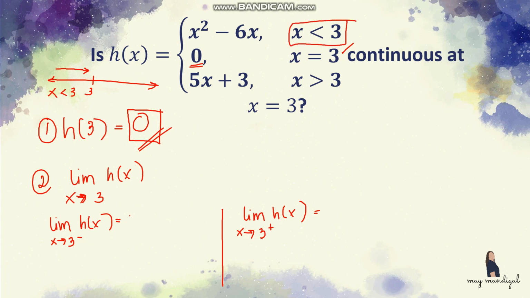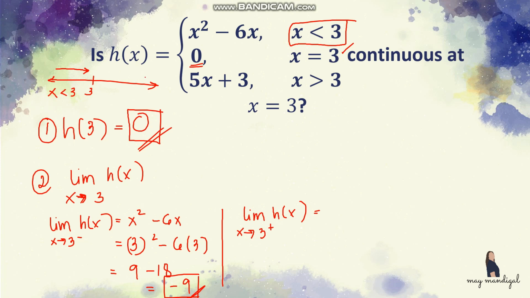So this should be the limit of x squared minus 6x. We just have to substitute. So this is now 3 squared minus 6 times 3. This is 9 minus 18, or negative 9. This is now the limit of our function as x approaches 3 from the left. Now we have to look at the limit of the function as x approaches 3 from the right.